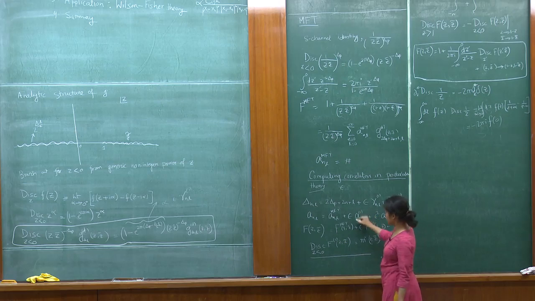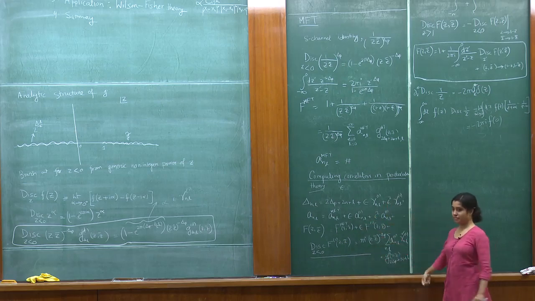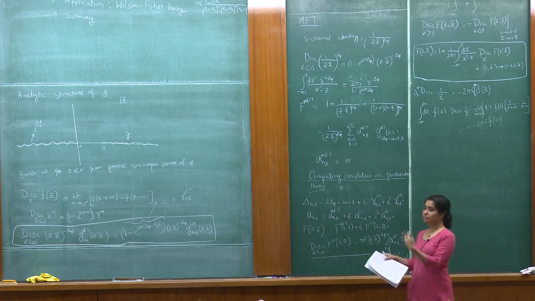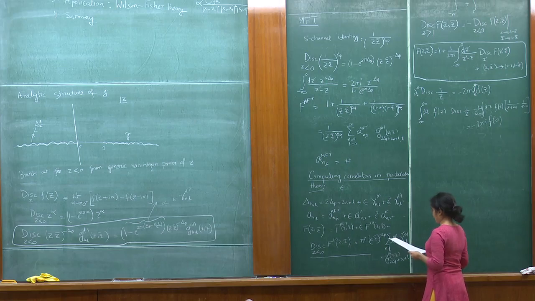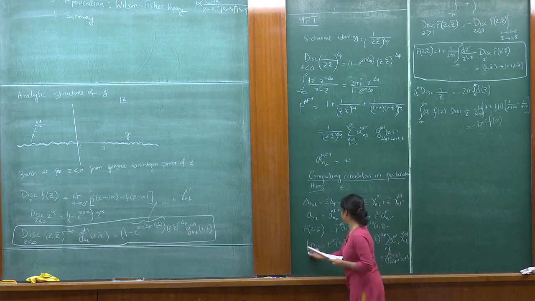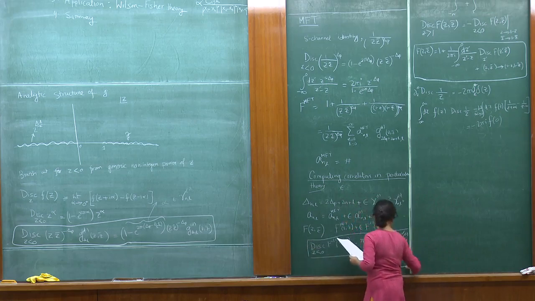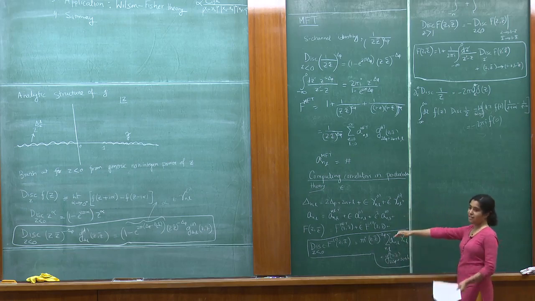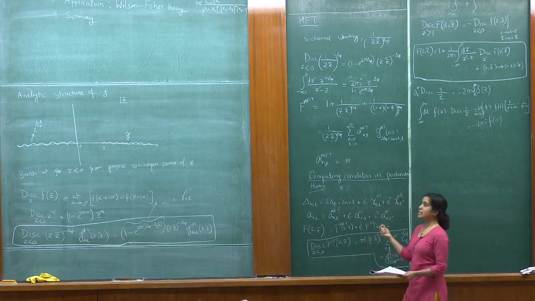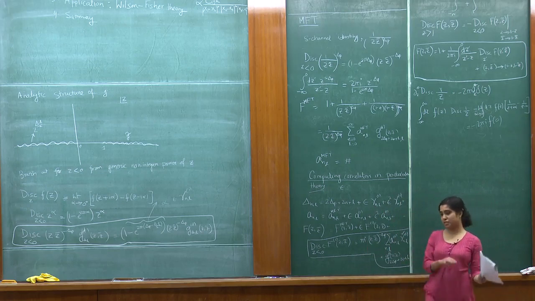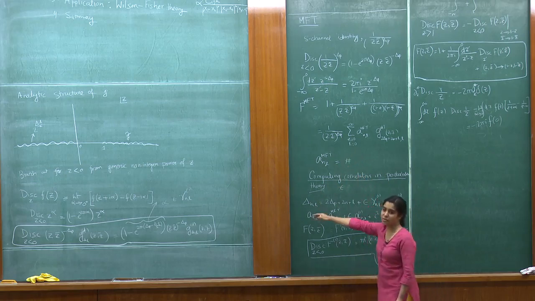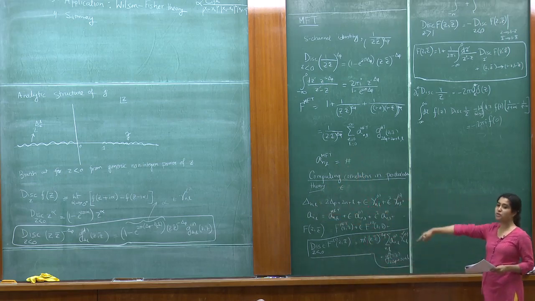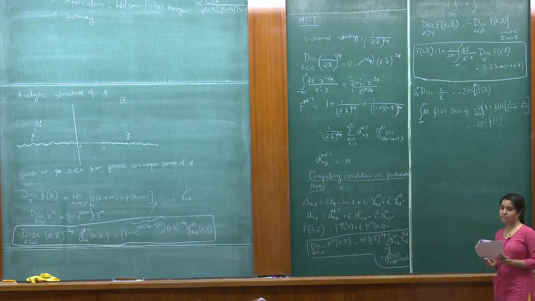You don't need this. This doesn't appear here. So that's why it's a smaller amount of data. Finally, you can just do it at each order, and at each order you need the dimension of that order and the OPE coefficient of the previous order, which you can compute by decomposing the correlator. So I will now give an example of how to use this to construct the Wilson-Fisher correlator.